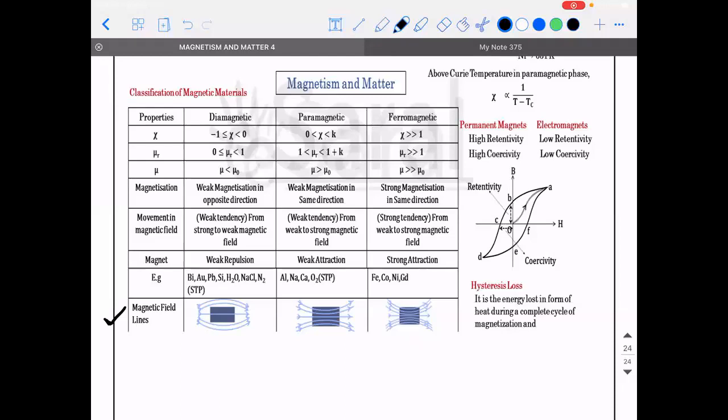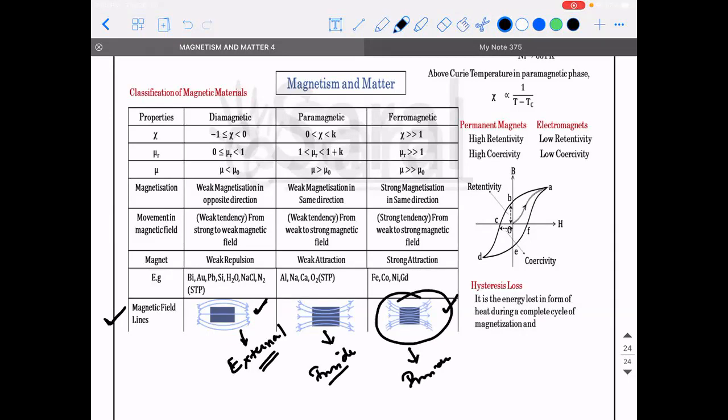In a diamagnetic substance, the external magnetic field lines are mostly out of the material, whereas in the other cases they are inside the material, except that in one it is going to be strong and in the other it will be weak.